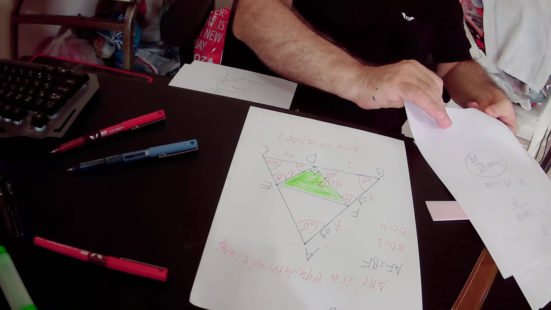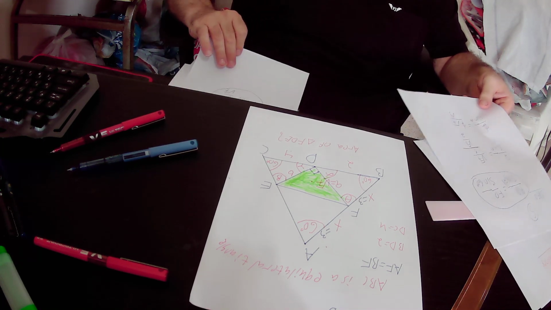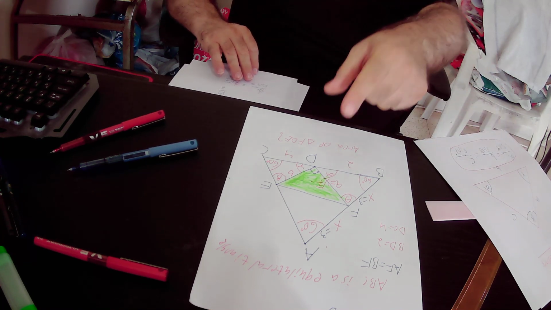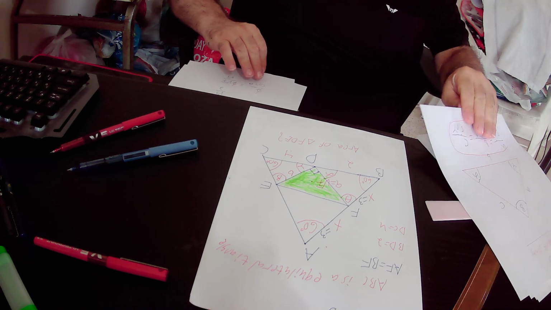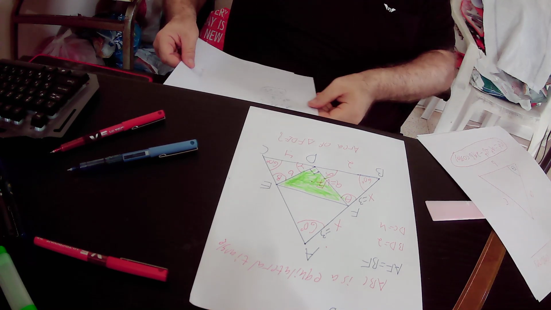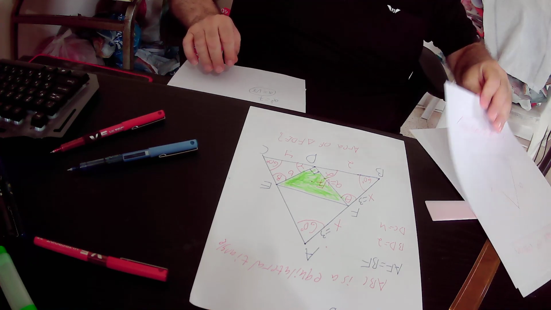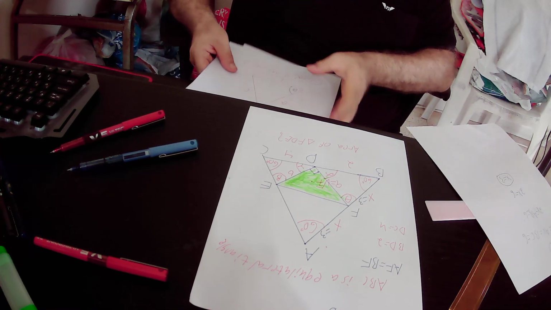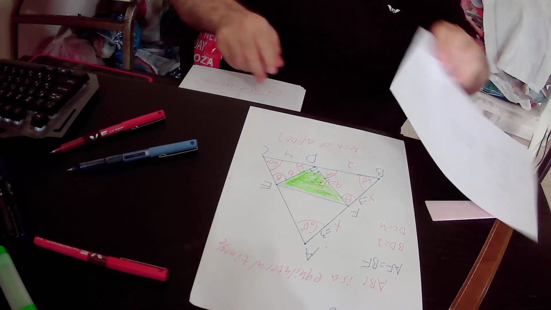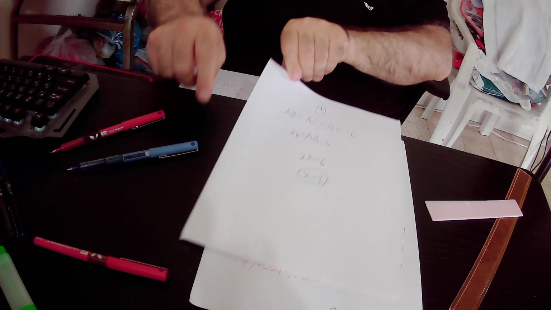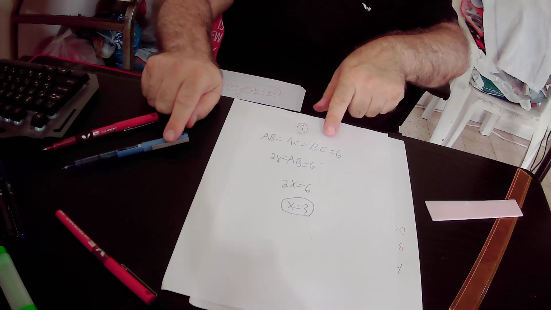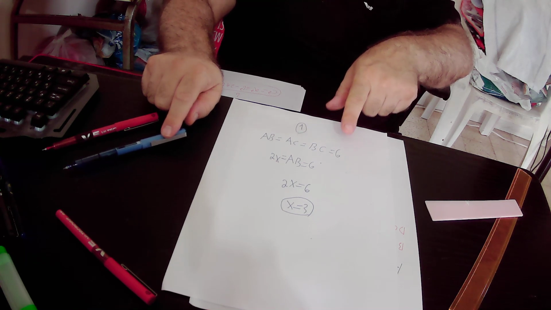So we found that every side of this equilateral triangle ABC equals 6 units. Okay? So actually AB equals AC equals BC equals 6 units.